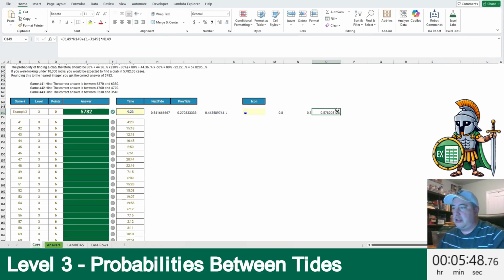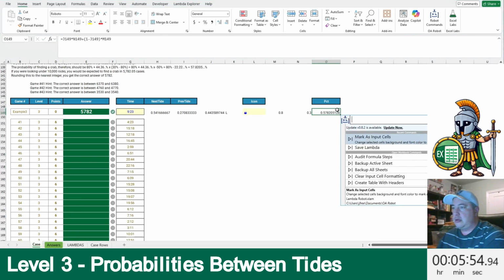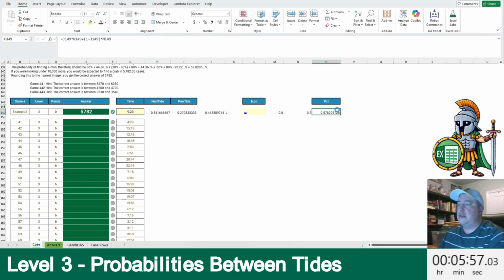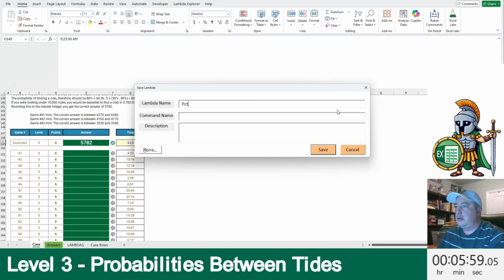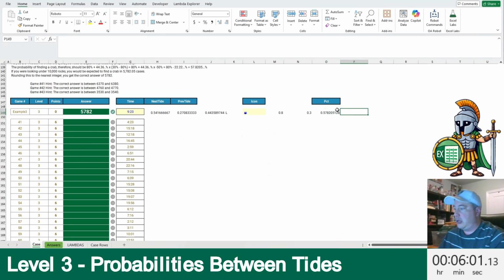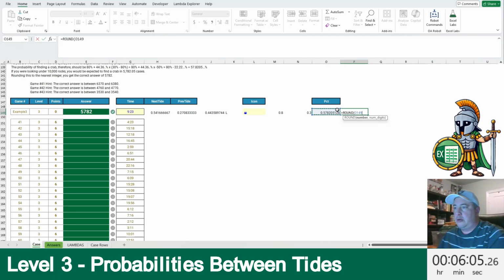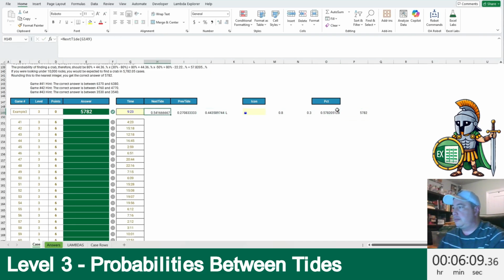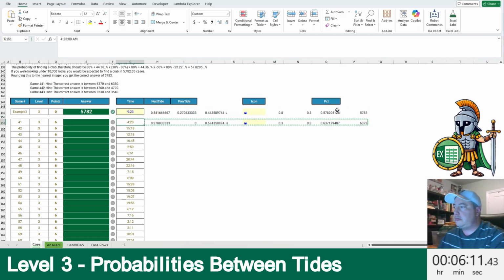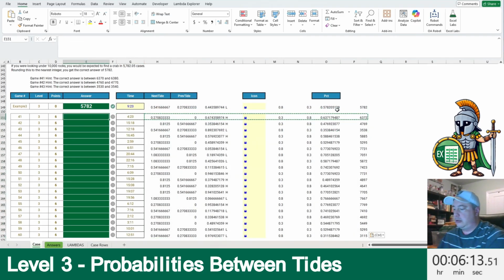So that's our weighted percent, and that is what we will get a name lambda for. Say lambda. Okay, now just take that, round that times 10,000 to 0. Okay.